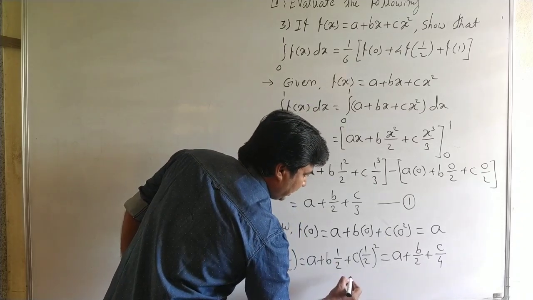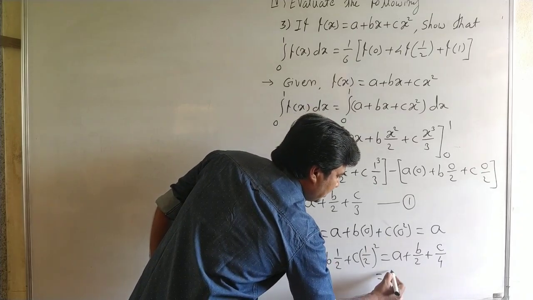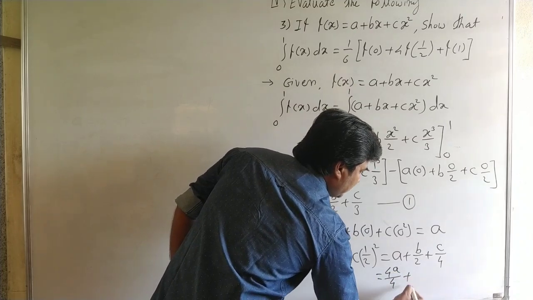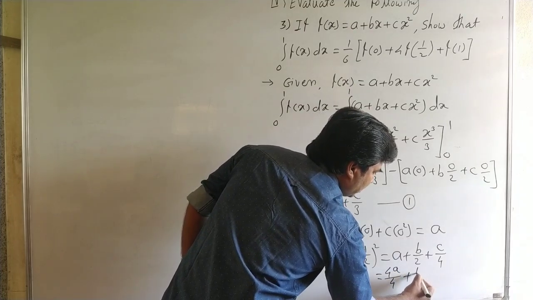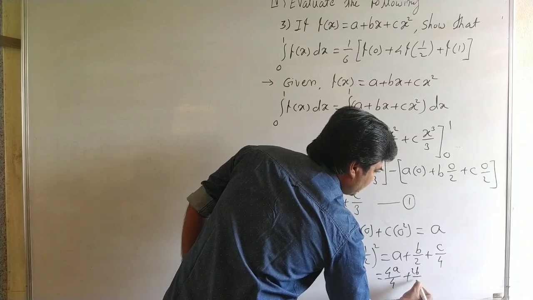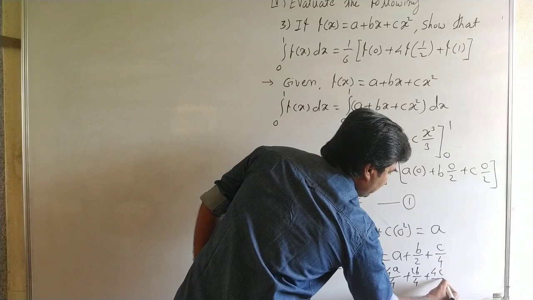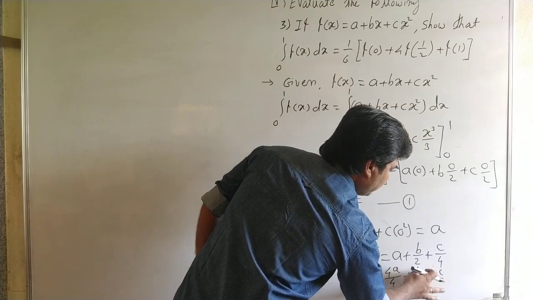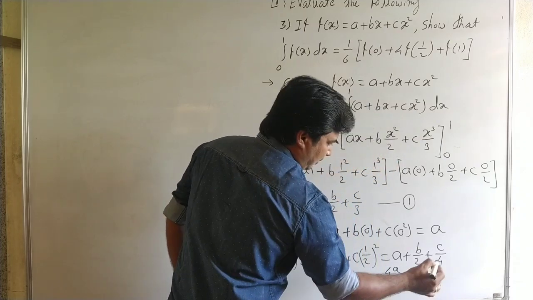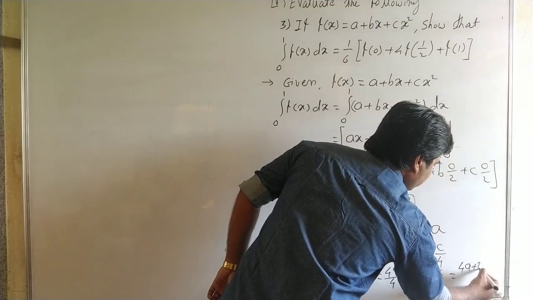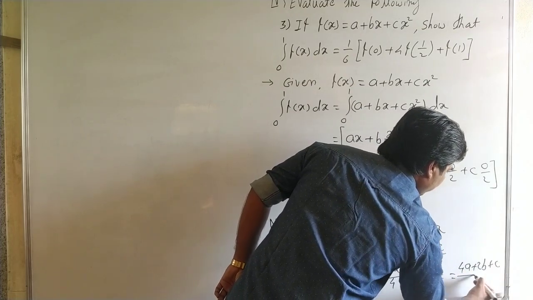So here we can write, see carefully this, it is 4a upon 4 plus 2b upon 4 and plus c upon 4, it is already 4. Now the addition, it is 4a plus 2b plus c upon 4.